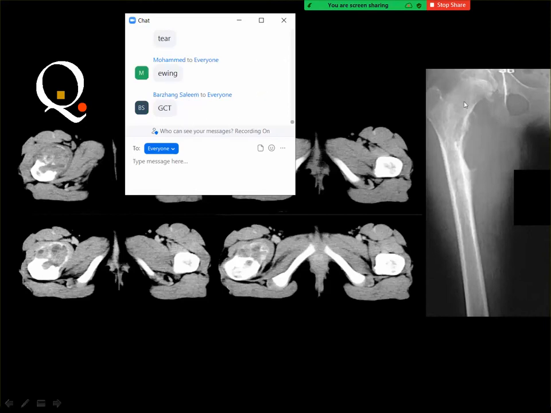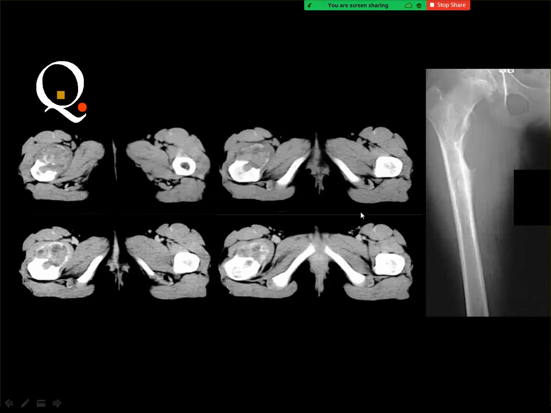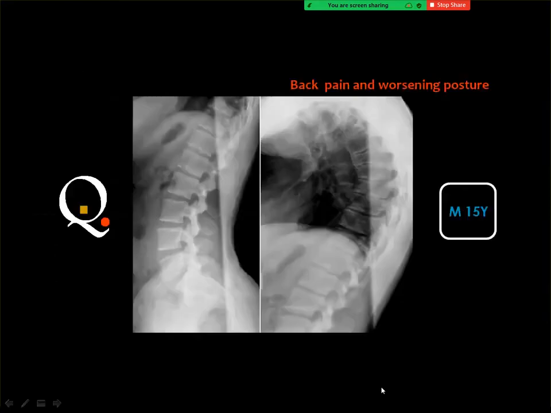Giant cell tumor will reach the articular surface, and this is not the age of giant cell tumor. Giant cell tumor will arise after epiphyseal closure, after the age of 20 years. Aneurysmal bone cyst is the right answer. If you look carefully in the CT images, you can see the characteristic fluid levels within the lesion, which is expanding as you can see here. And this is aneurysmal bone cyst.